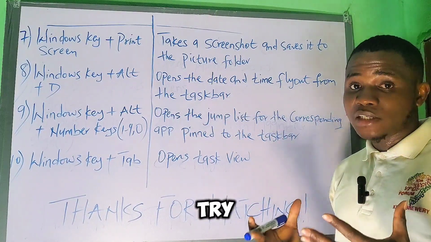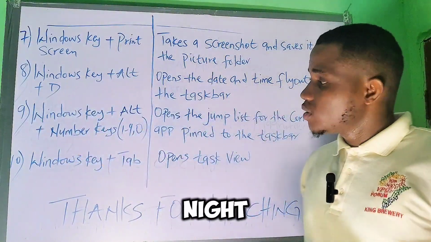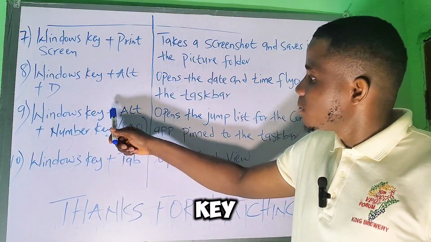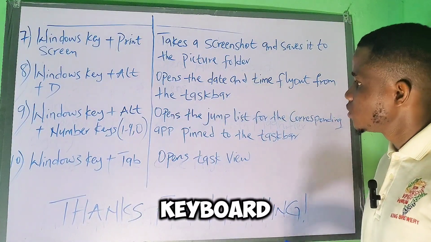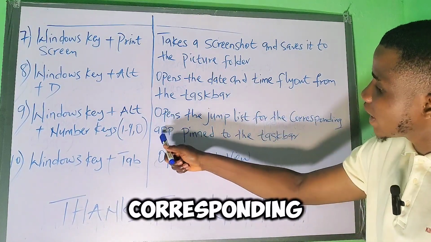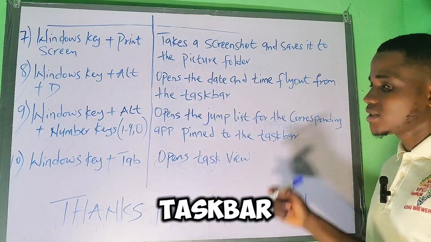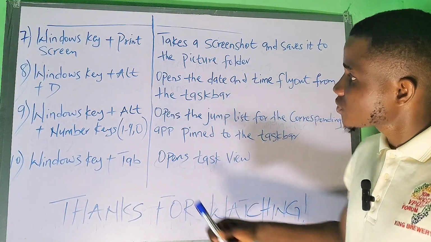I would love you to try this at home. The ninth one is Windows key plus Alt plus number keys on your keyboard. It opens the jump list for the corresponding app pinned to the taskbar. I would also like you to try this at home.